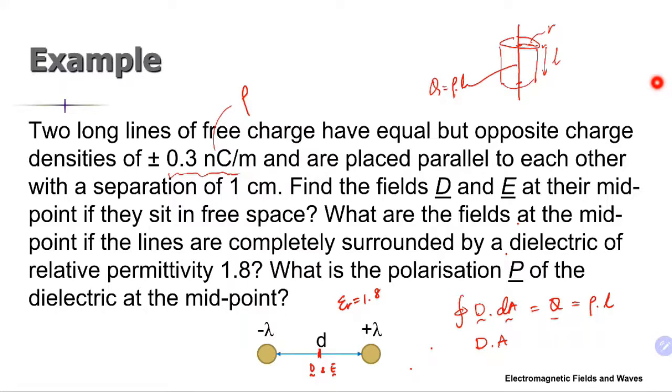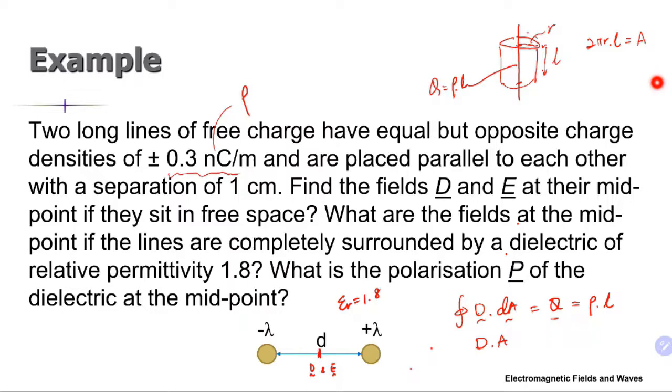And this surface is simply equal to the perimeter of the circle times the height, so it's 2 pi r times L. That will be my Gaussian surface A.